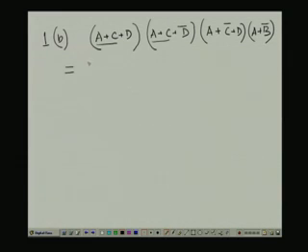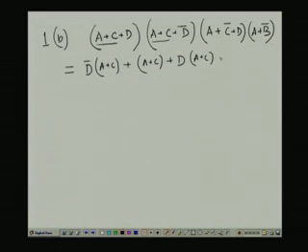So, if I apply the distributive law, this is D bar into A plus C, plus A plus C, plus D into A plus C plus D bar, and the last two terms we keep as they are.